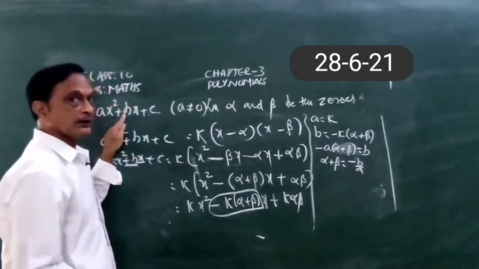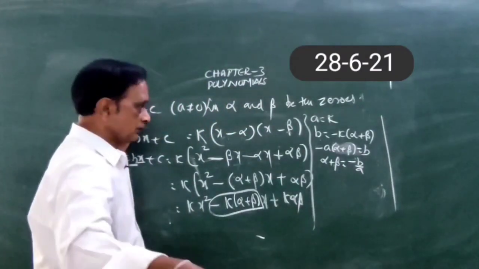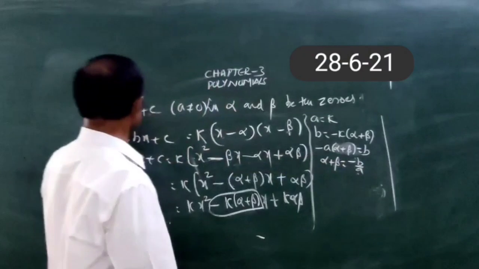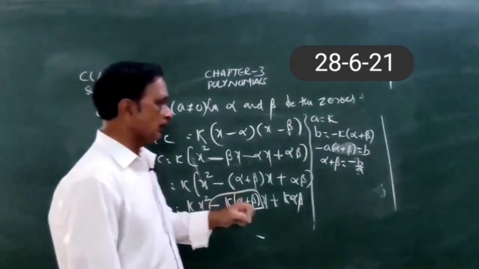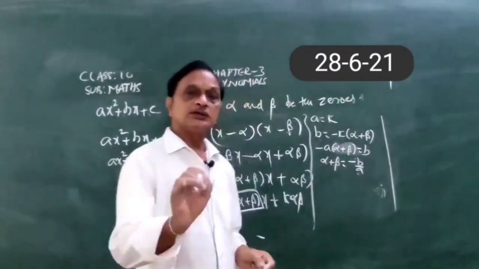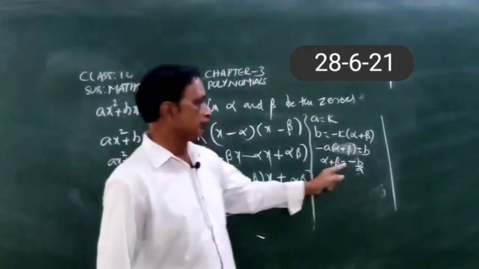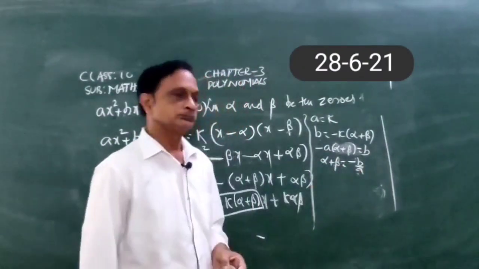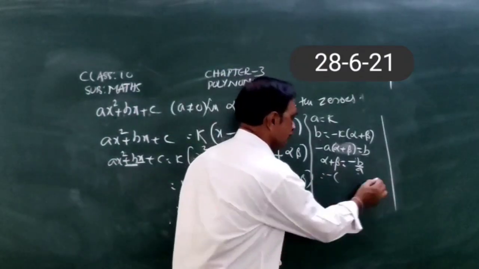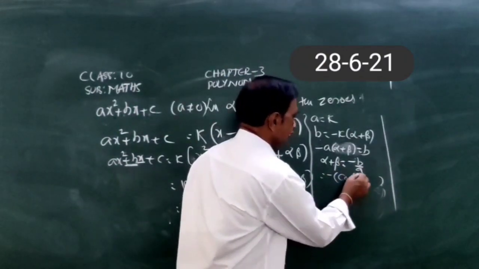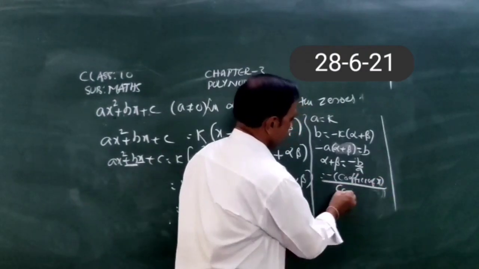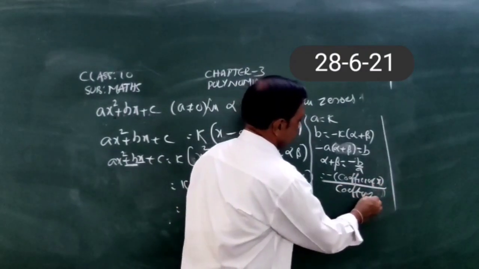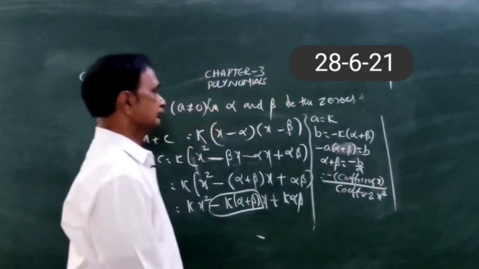B stands for what here? Coefficient of x. A stands for what? Coefficient of x square. So we proved that alpha plus beta, that is sum of the zeros, is equal to minus b by a, which is nothing but minus coefficient of x by coefficient of x square.